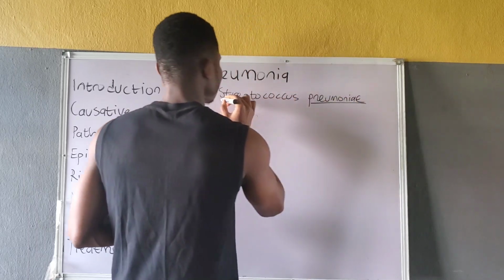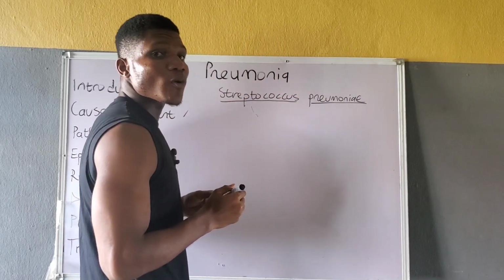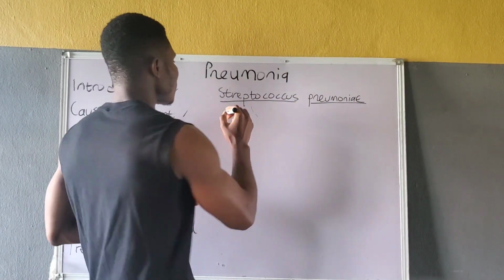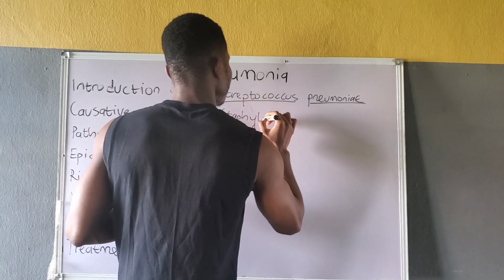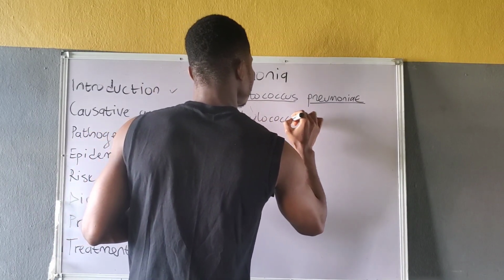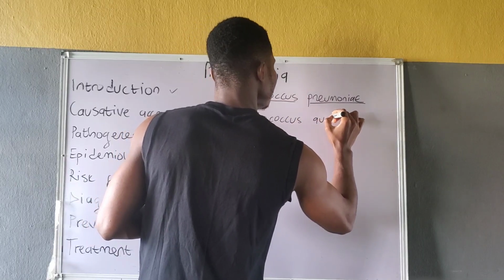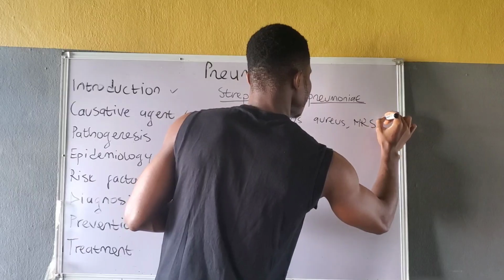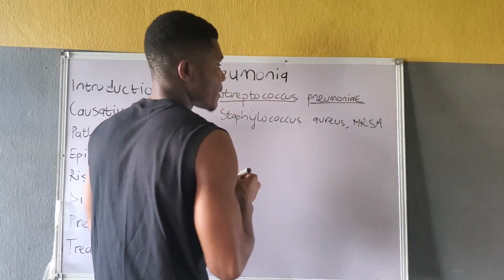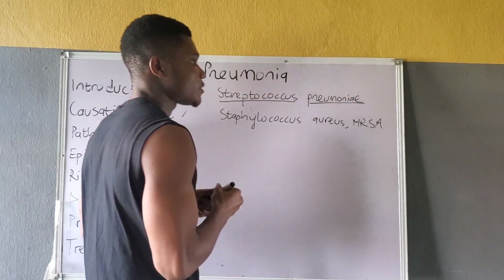Streptococcus pneumoniae is the leading cause of community-acquired pneumonia. Also, we have Staphylococcus aureus, including MRSA, that is the methicillin-resistant Staphylococcus aureus.